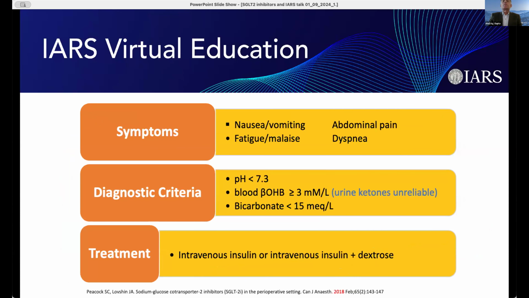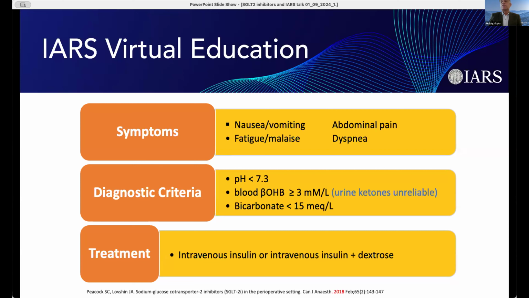Symptoms of SAPCA are similar to symptoms of DKA. It's just that in the perioperative period, these symptoms may be non-specific and overlap with usual postoperative symptoms. These are the diagnostic criteria from ADA. Urine ketones in patients who have perioperative ketoacidosis related to SGLT2 inhibitor use are unreliable for two reasons.